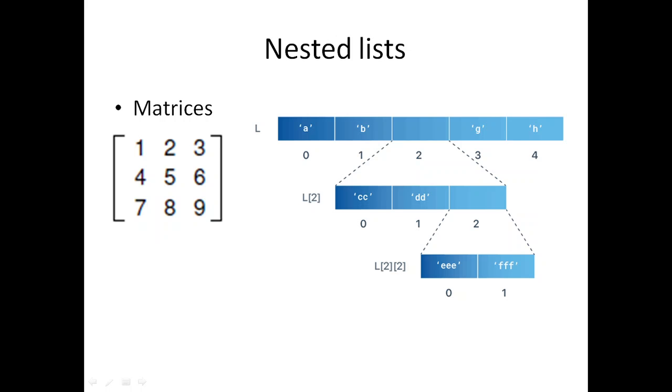Then the second row will be 4, 5, 6. Then the third will be 7, 8, 9. So this will be the matrix. It will be stored like this.